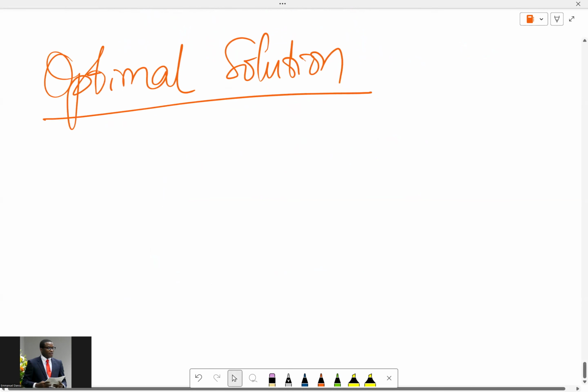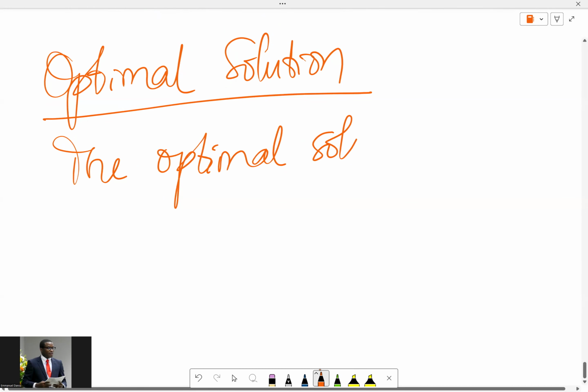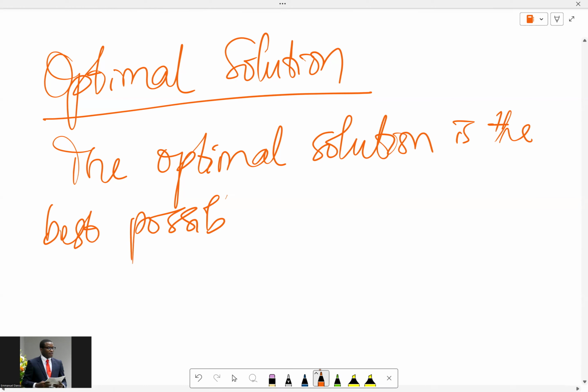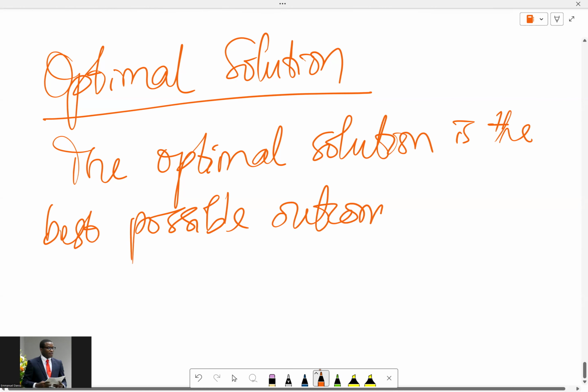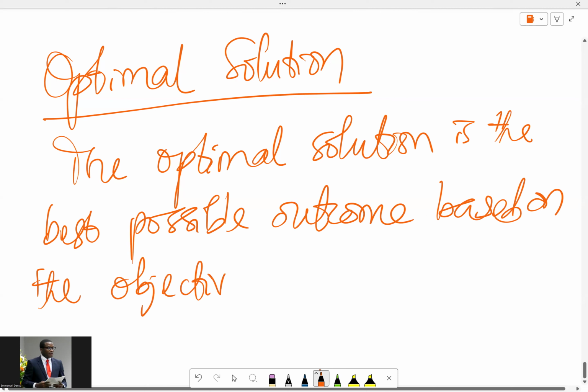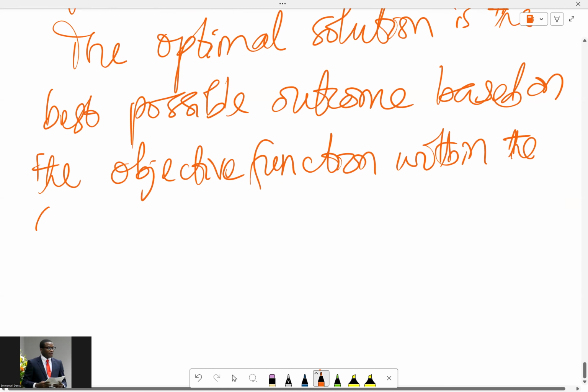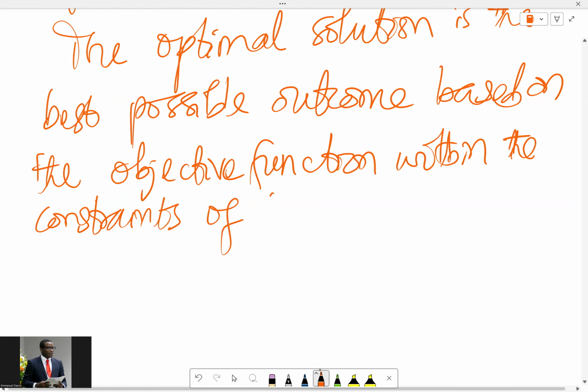Optimal solution. So the optimal solution is the best possible outcome, based on the objective function, within the constraints of the feasible region.